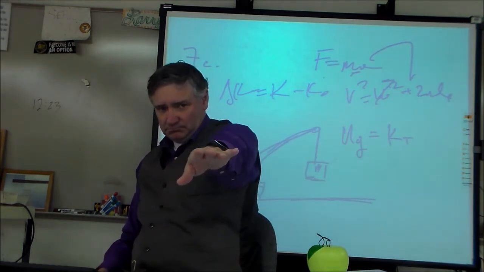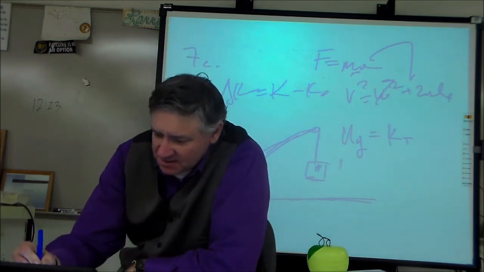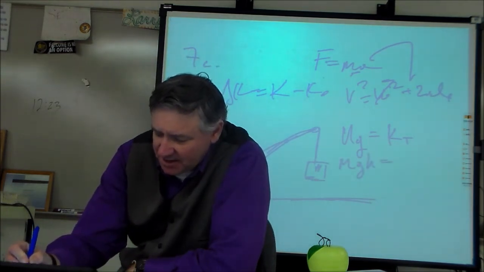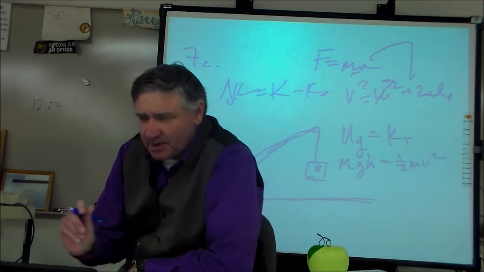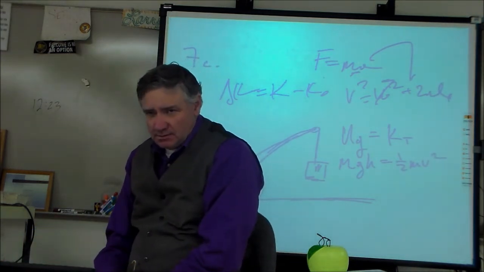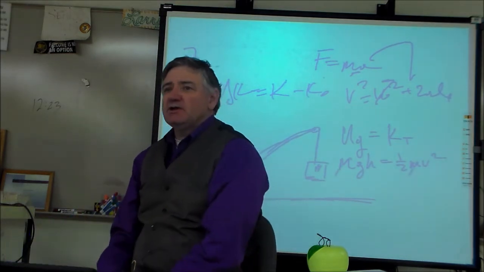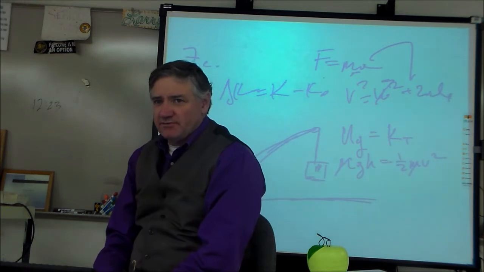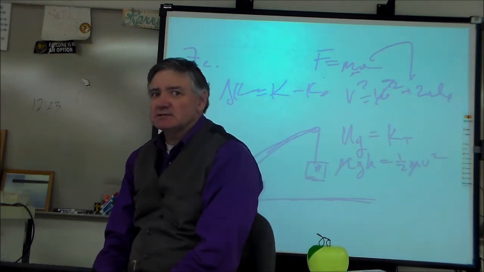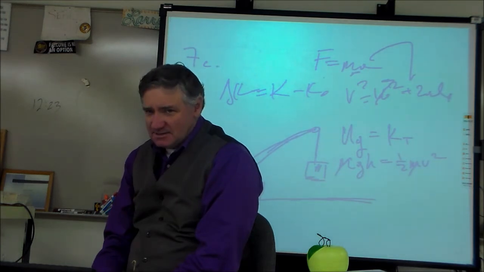U_G is going to be mgh, and my kinetic energy is going to be 1/2 mv squared. Cancel those. So why didn't I give you the mass of the car? Because it cancels out of the equation. Do you know how fast you want the car to be moving when it lands? Yes. You know what g is? Yes. Solve for height.